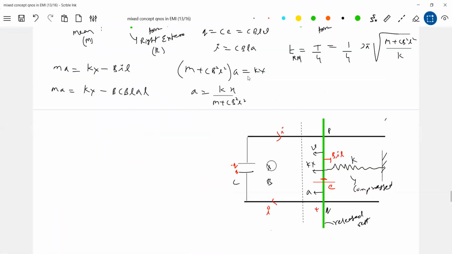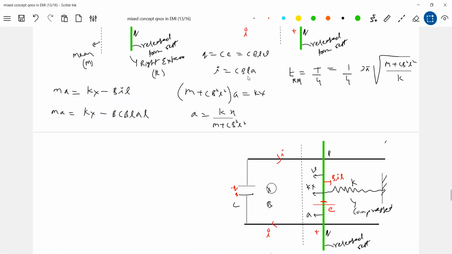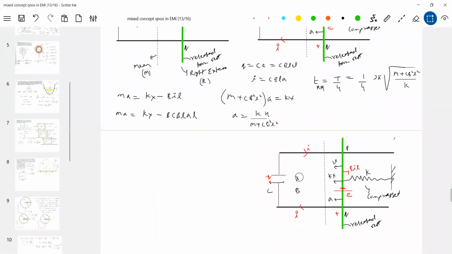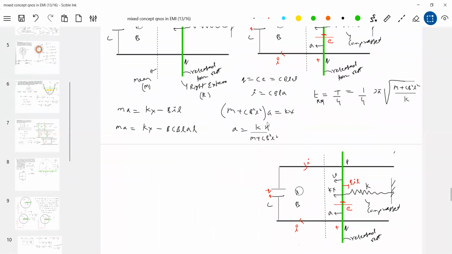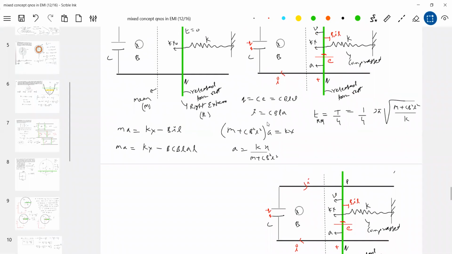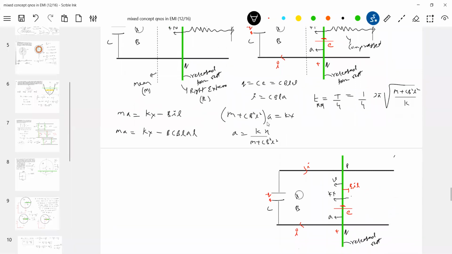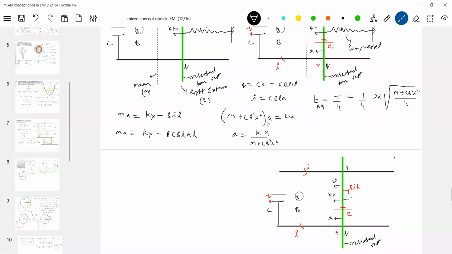Let's come to this. I'll keep the total diagram. I'll make it visible. Check it now. See it. Now let it arrive at the mean position, which will be here. This should not be there.